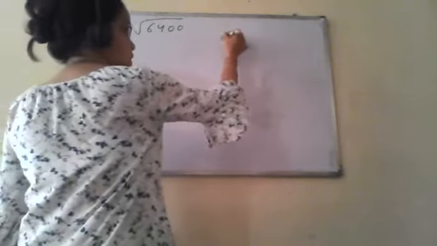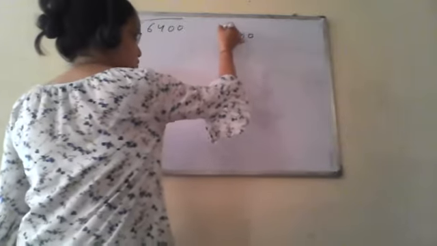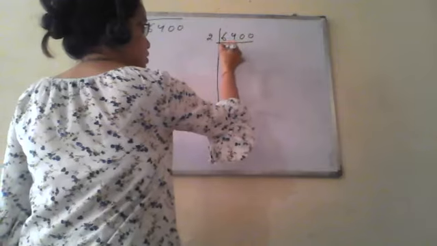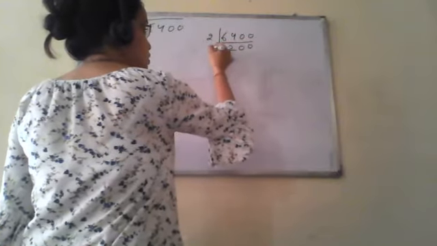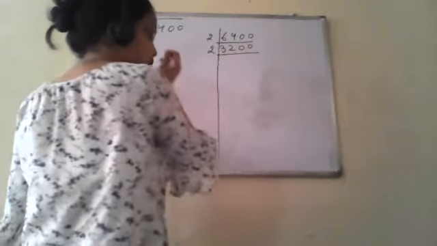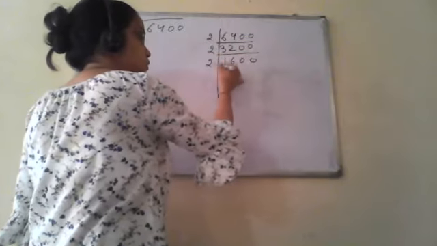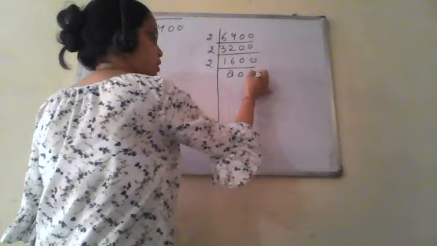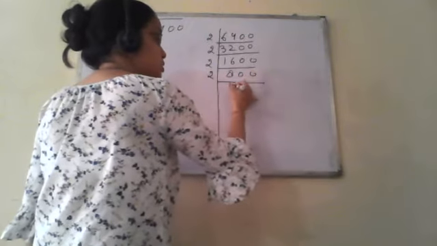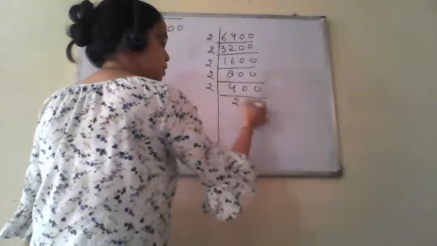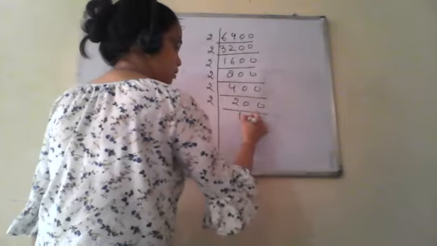So we will do the prime factors of this same number. This is 3200. This is 1600. This is 800. This is 400. This is 200. This is 100.